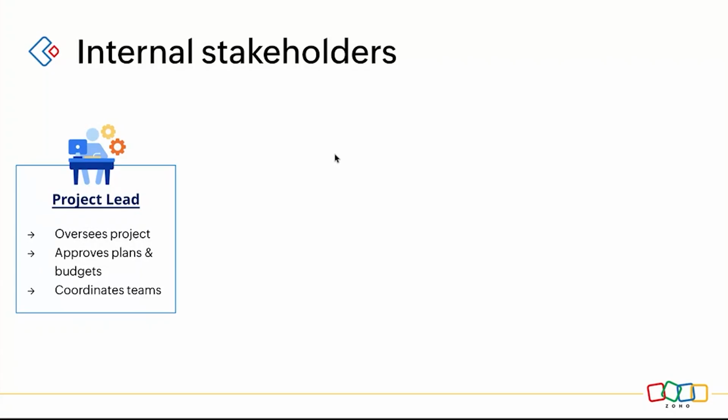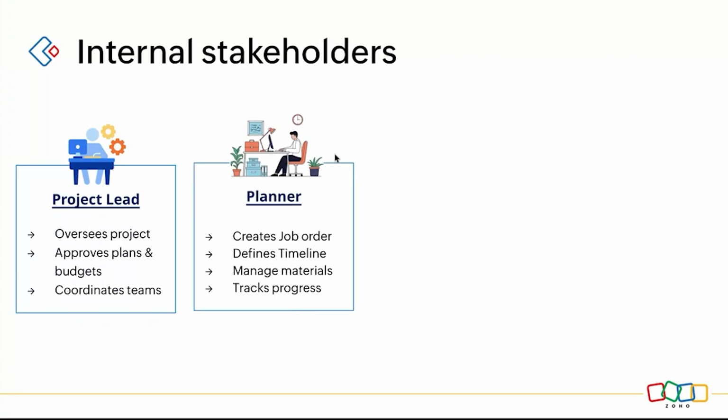The second is the planner, who will be creating the job orders, work items and everything, and assigning them to the other resources to perform those actions. He manages the materials and tracks the progress of the jobs that he has assigned, and he will report that to the project lead.